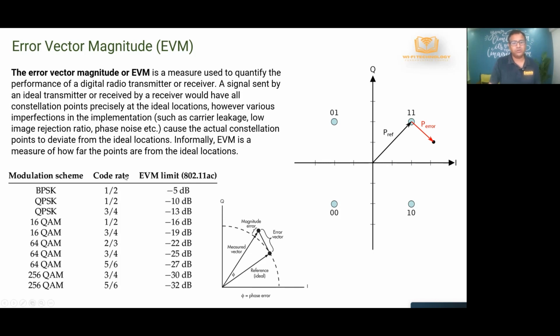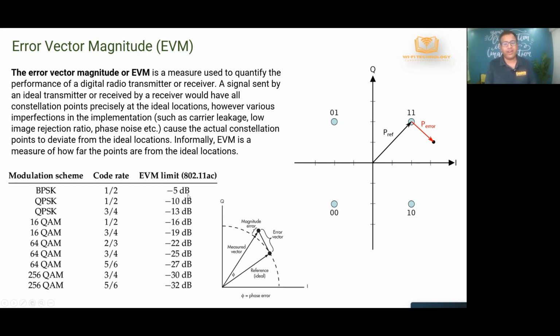The error vector magnitude is nothing but a measure of the quality of the performance of the digital transmitter or receiver, the signal sender. It's looking at the difference between what was received and what should have been received. If you look at this table, BPSK is the simplest and lowest modulation rate. For that, you can get away with a very low EVM requirement.